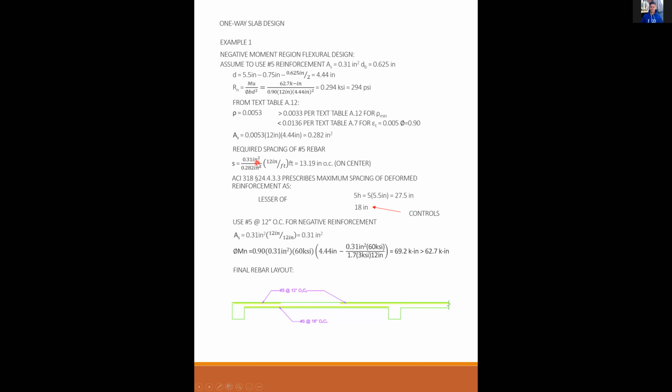Professor, will 13 on center be wrong or just not practical? 13 inches on center would not be wrong, because you are providing more steel than the minimum. So you will have phi Mn greater than Mu.